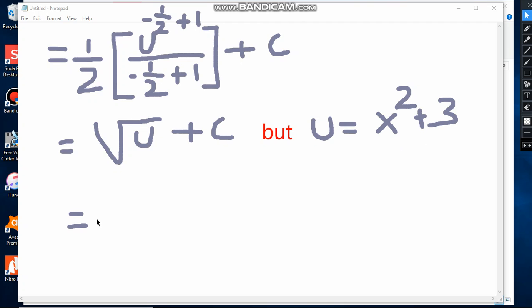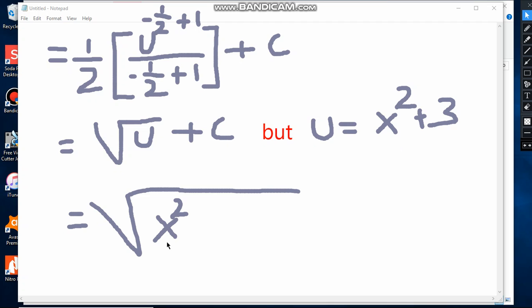When you substitute back, we get the square root of x squared plus 3, plus constant.